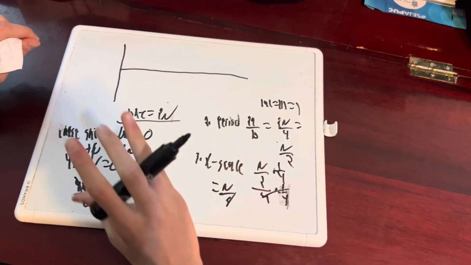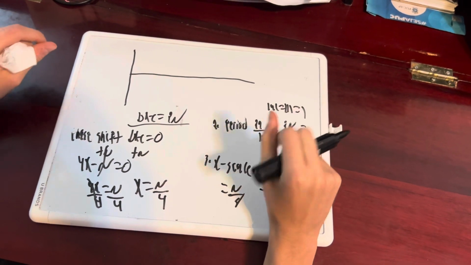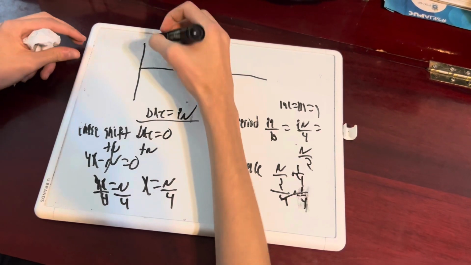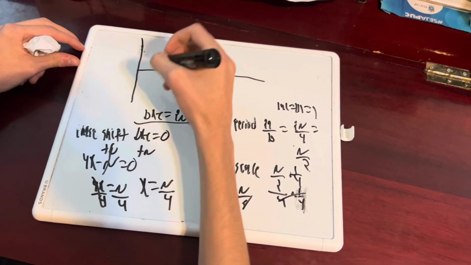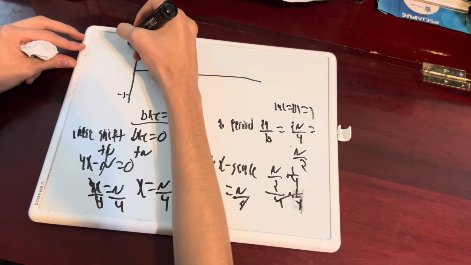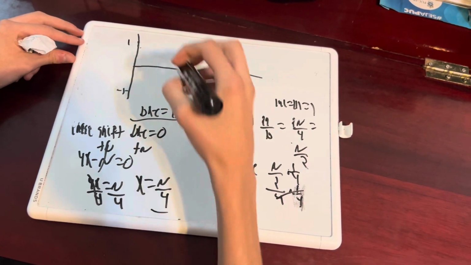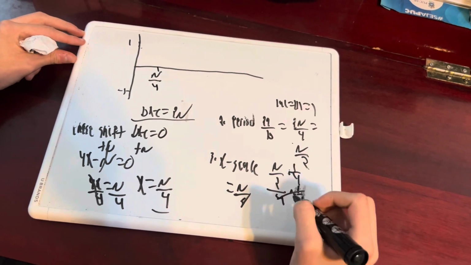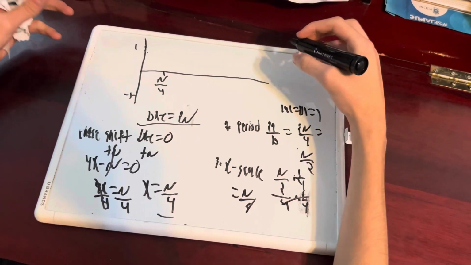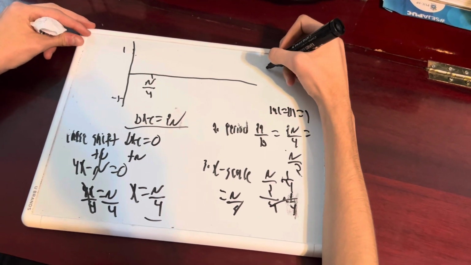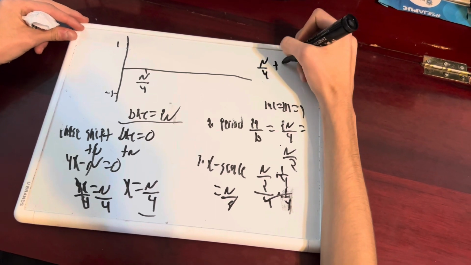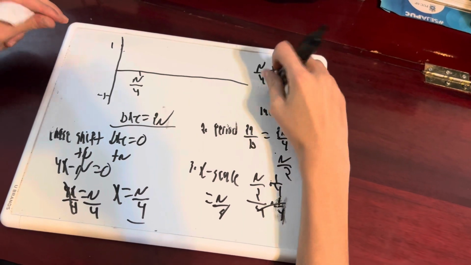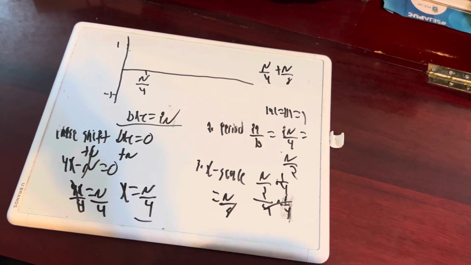But first, let's start with this transformation to make sure you truly understood our last video, because I really want to reinforce this. It's tricky. Now our amplitude is down 1 and up 1, and our starting point right here is now pi fourths. We saw that our x scale is pi eighths, and just like we're dealing with fractions, we have to do pi fourths plus pi eighths. This is why I chose this example, so you know how to deal with multiple variations before we get to extra transformations.